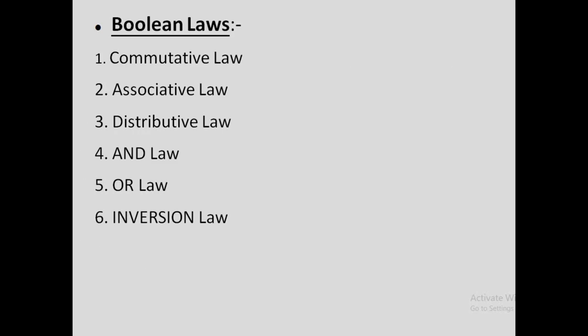Now we will see the Boolean laws which are very essential to solve or analyze Boolean algebra. There are 6 laws: commutative law, associative law, distributive law, AND law, OR law and inversion law.